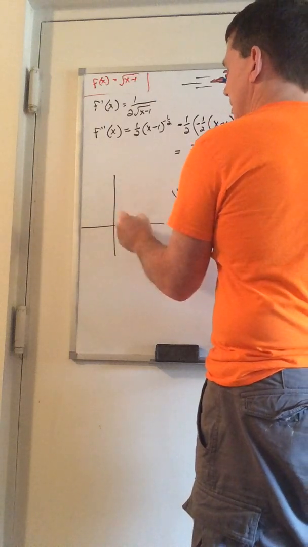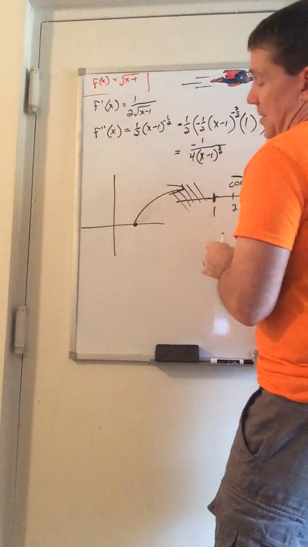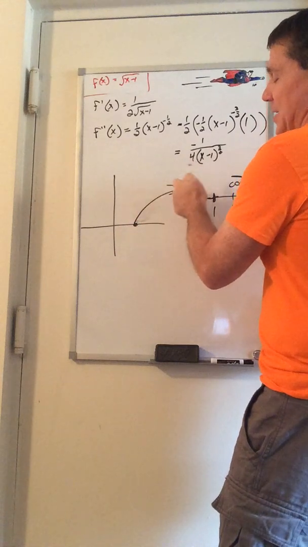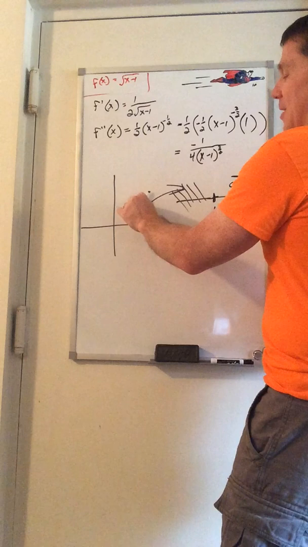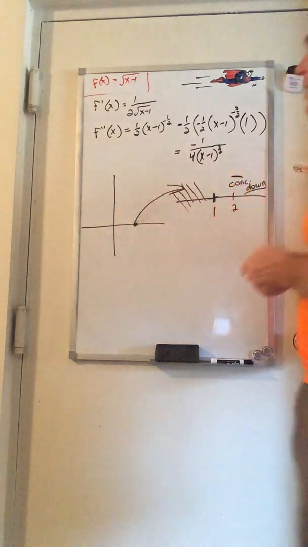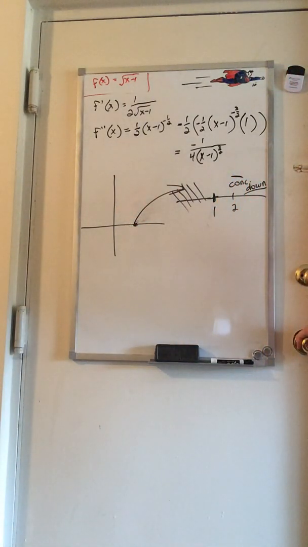It has to be concave down, where it's always increasing, but the derivatives are decreasing. Here they're really positive, here they're less positive. And now we see where the graph of the square root comes from.